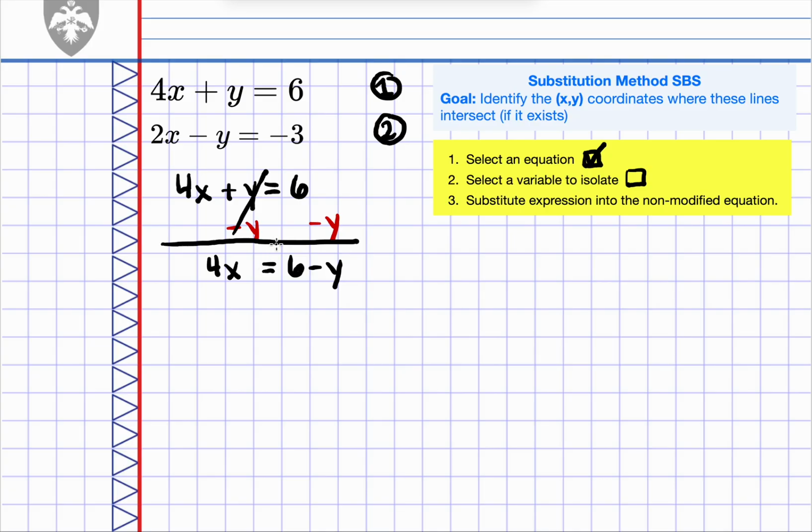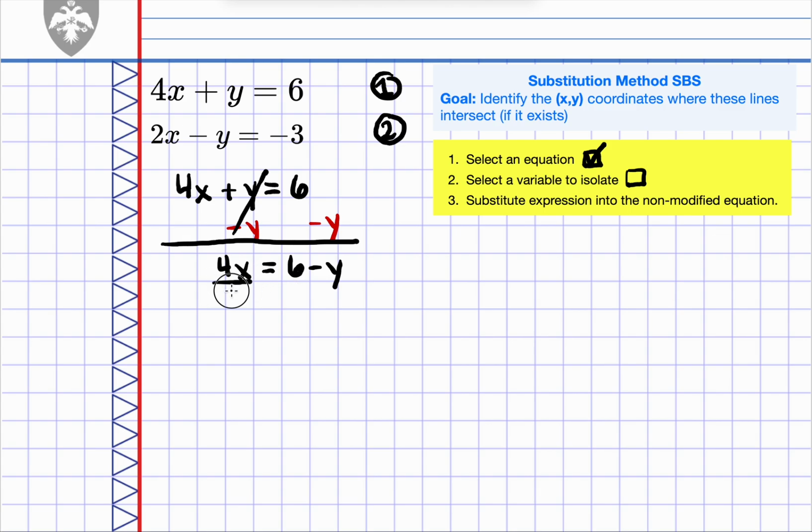Now, we're one step closer to getting x isolated, but we're not there just yet. Currently, we don't have 1x, we have 4 of them, and we want to just get 1. So how would we do this? Under any other circumstances, when you were isolating x, you would divide by the coefficient.